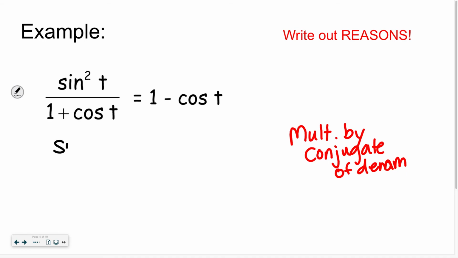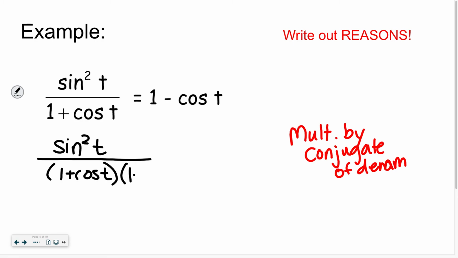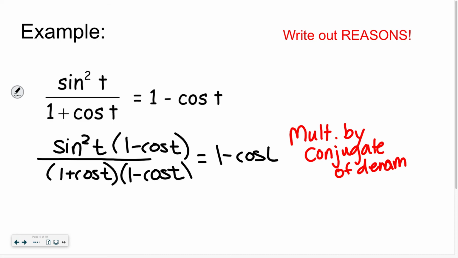So I'm going to have a sine squared t, and then in my denominator I'm going to have a 1 plus cosine t. Its conjugate is 1 minus cosine t. And if I multiply the denominator of my fraction by 1 minus cosine t, I have to multiply the numerator by 1 minus cosine t. And then that whole thing equals 1 minus cosine t.